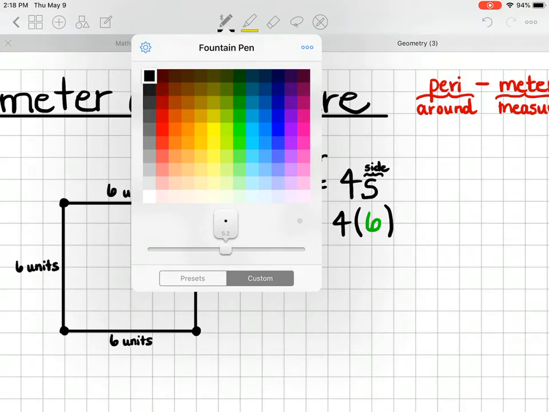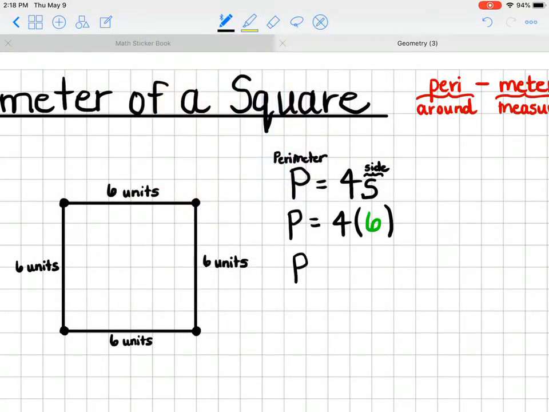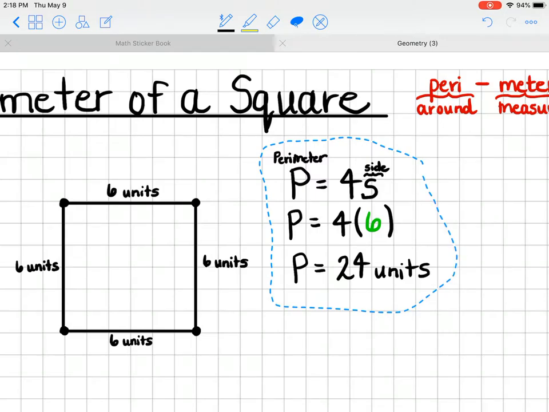And then this formula is saying P equals 4 times 6. So using your calculator, or however you want to do it, the perimeter of this particular square is 24 units.